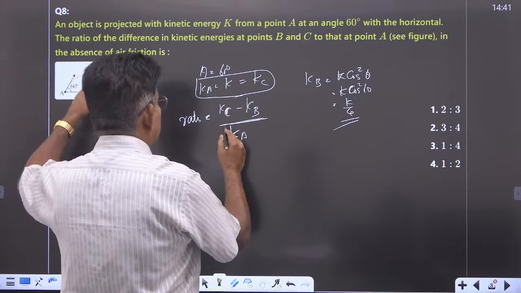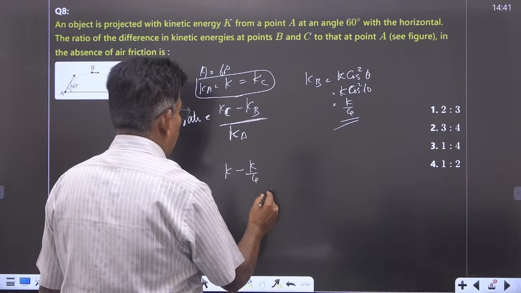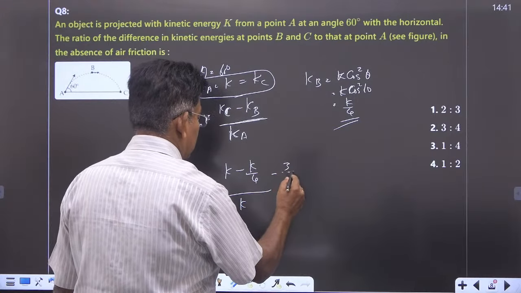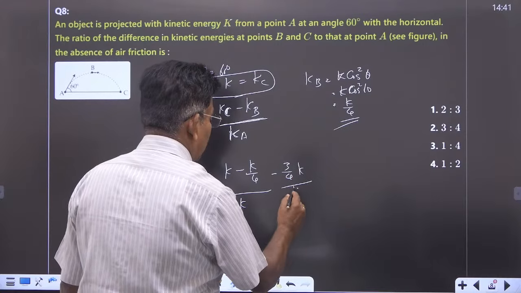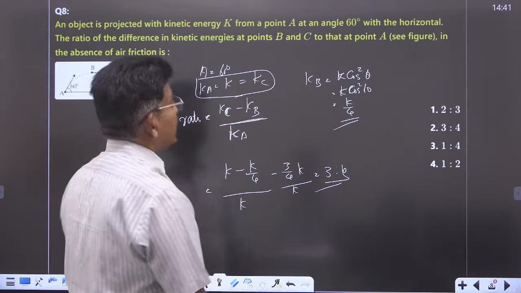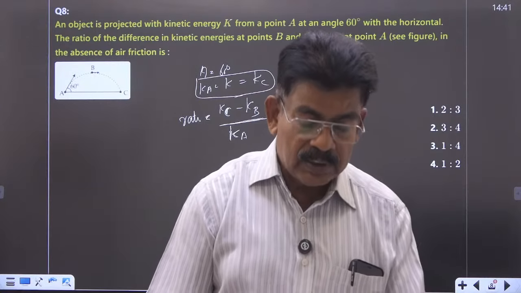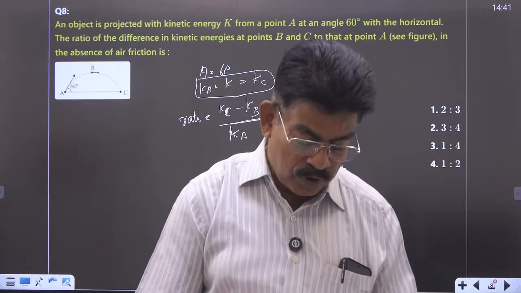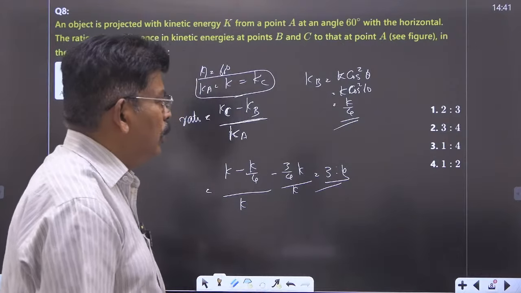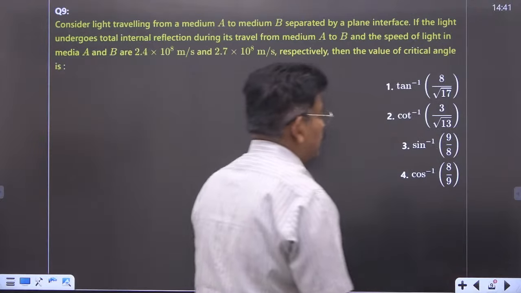Kinetic energy at C is K, kinetic energy at B is K by 4, kinetic energy at A is K. This is 3 by 4 K divided by K, that is 3:4. The answer for question 8 is 3:4. B is the answer. Simple question, direct question. You can save time, so utilize this type of questions.